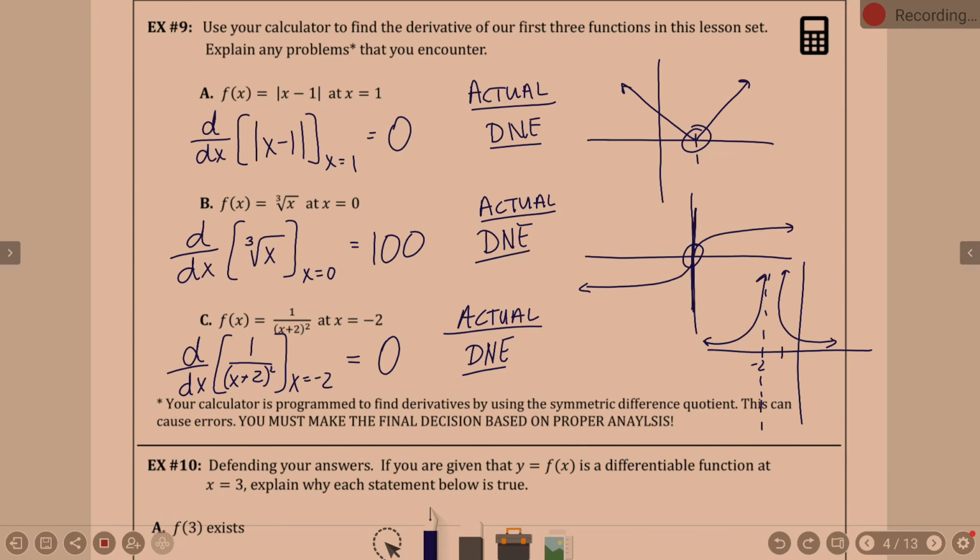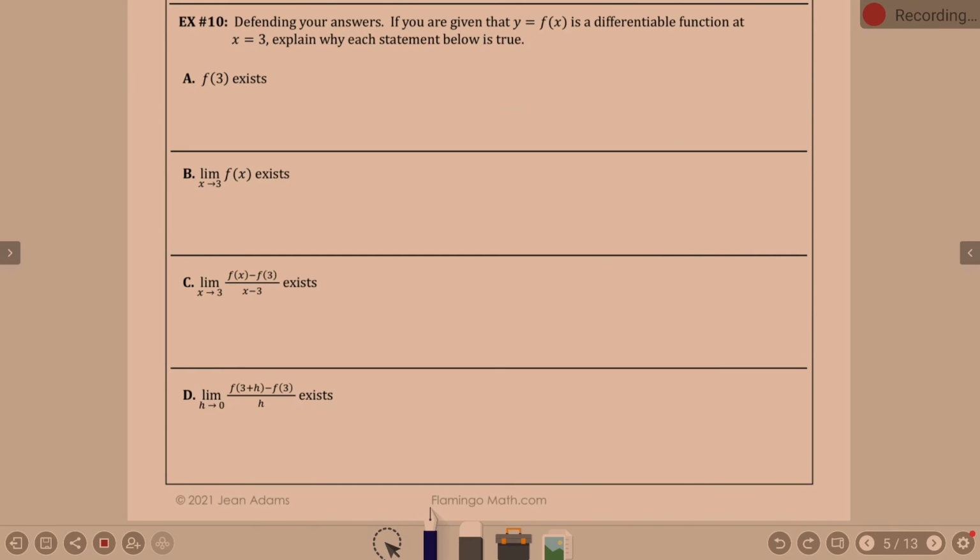Okay. One last piece. Defending your answers. If you're given that y equals f of x is a differentiable function at x equals 3, explain why each statement below is true. Okay.